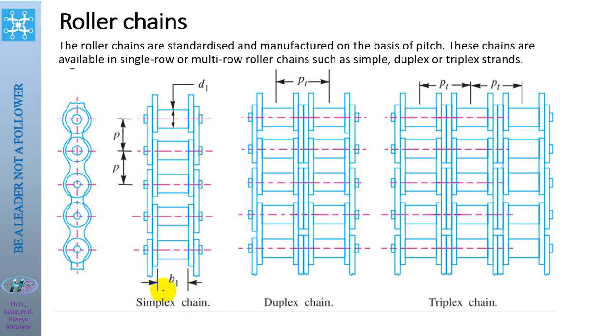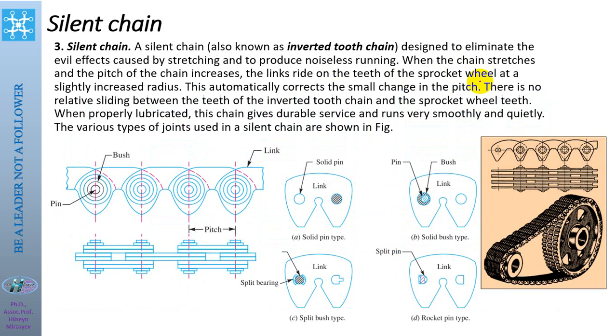B1 is main parameter, distance between the internal plates of the chains. And Pt is the transverse pitch, tangential pitch for the duplex chains, and for the triplex chains also there are two tangential pitches.